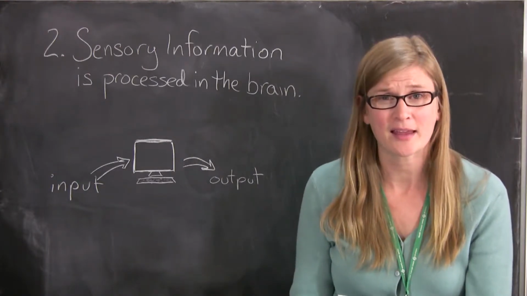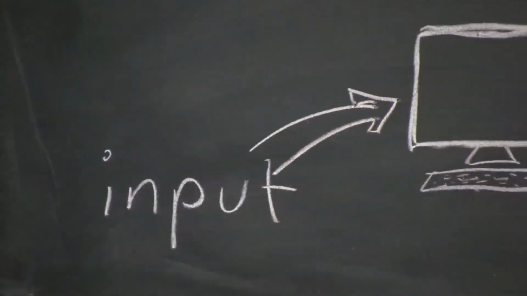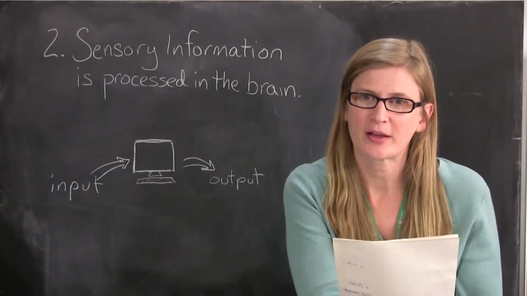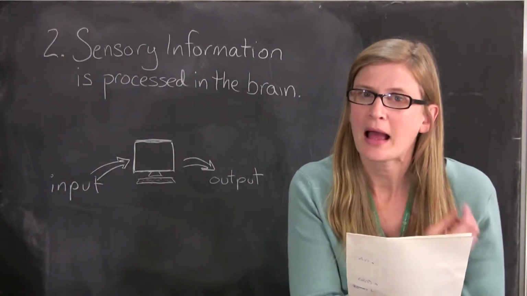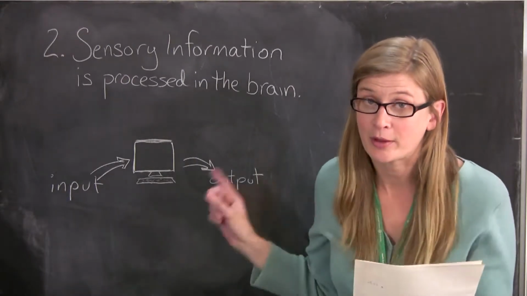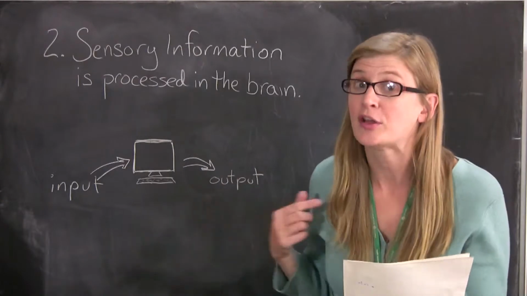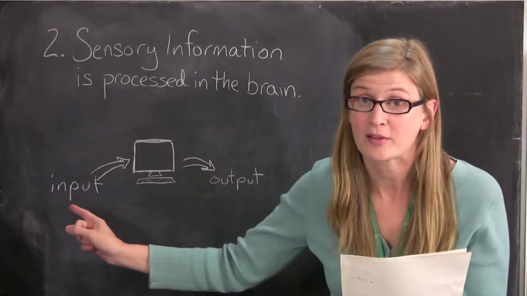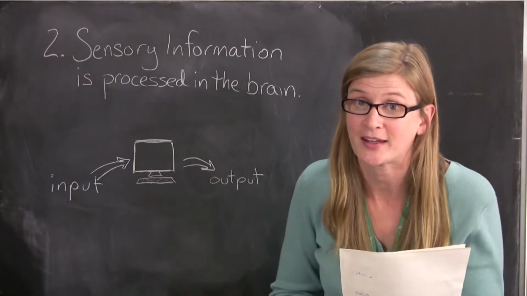That doesn't make any sense to me because I don't know what's gone on inside that computer. For a child with sensory processing problems, we don't know how the brain misinterpreted the information. We just know that the output, the child's behavior, is not what we expect it to be based on the input or the sensory information that we saw the child take in.